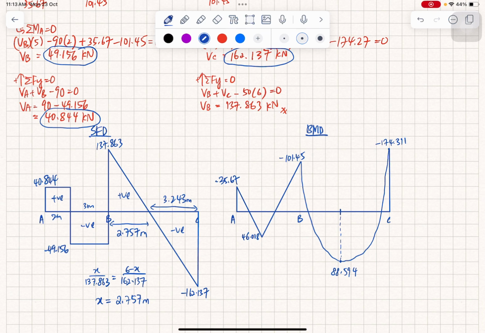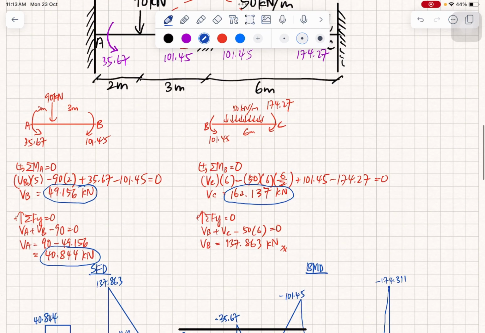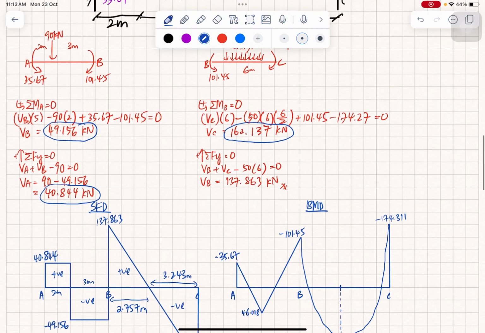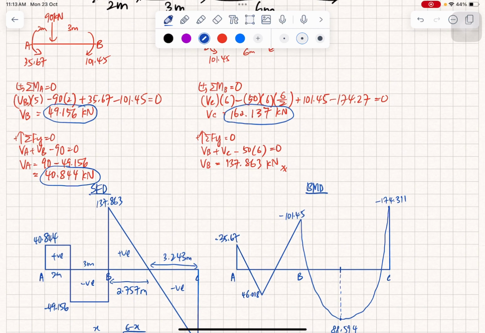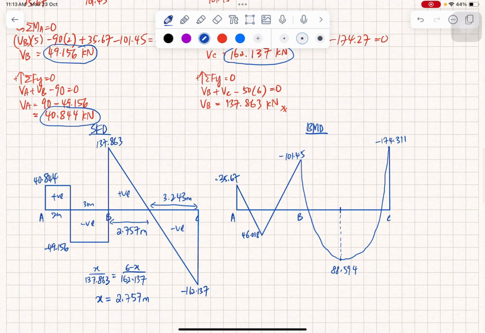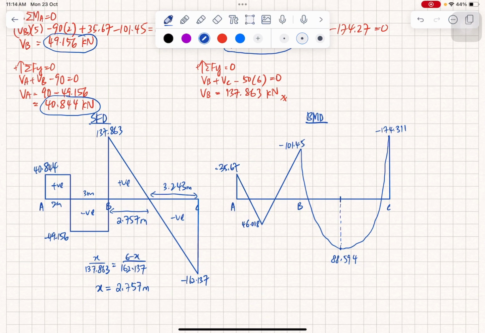So minus 174.311, you add 174.27, it's actually negative 0.041. It is considered as 0 if you take fewer decimal places. So I think this is the final answer for this question. The left hand side is the shear force diagram, and the right side is the bending moment diagram.